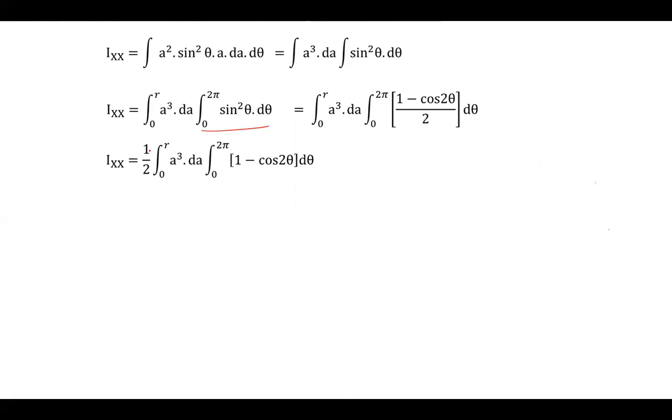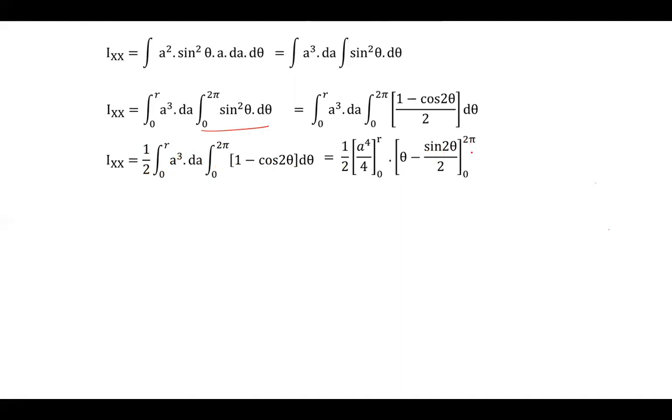Then integration from 0 to r of a cube dA into integration from 0 to 2 pi of 1 minus cos 2 theta d theta. The integration of 1 will be theta, and the integration of cos 2 theta will be equal to sin 2 theta divided by 2. So substitute the limits from 0 to 2 pi.